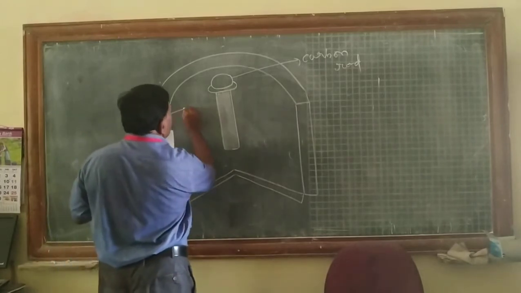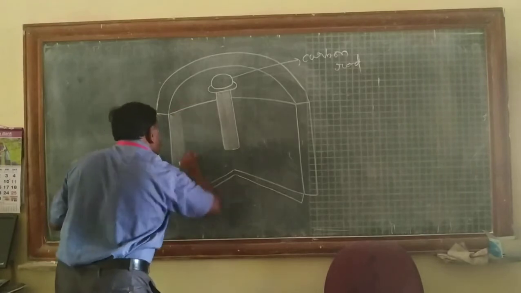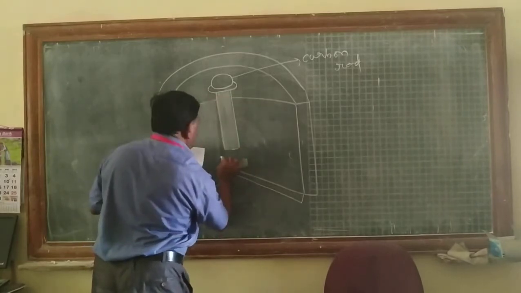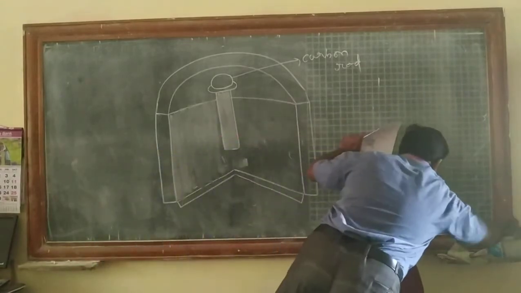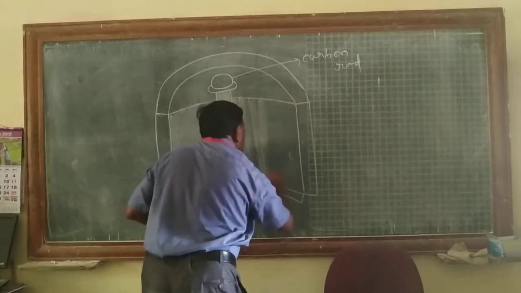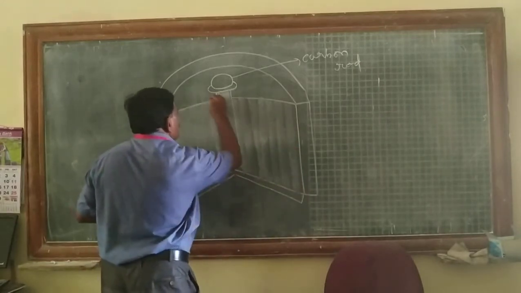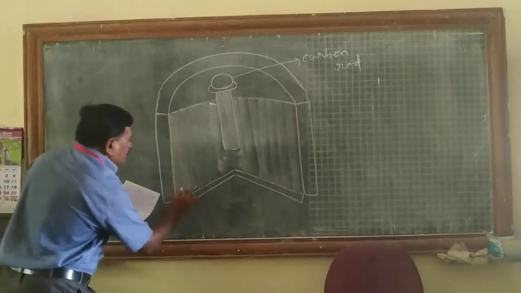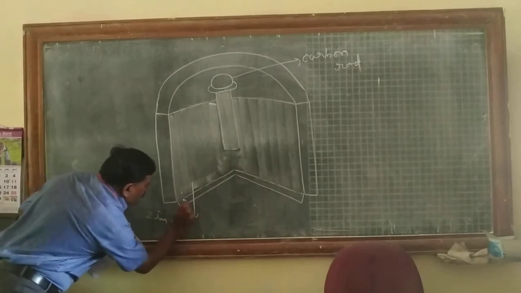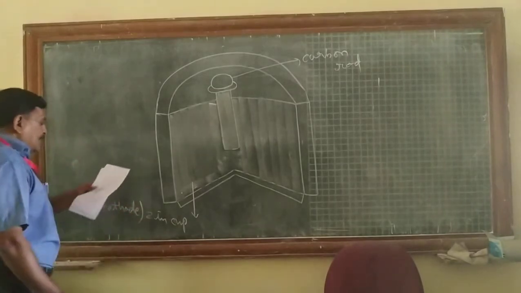On this side there will be a zinc cup. This is a zinc cup, and it will be used as a cathode.